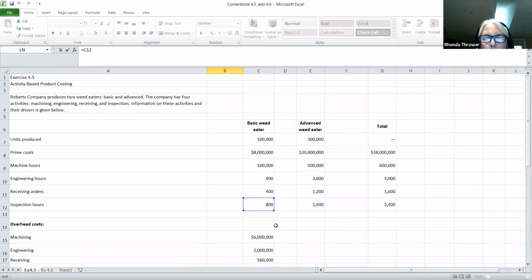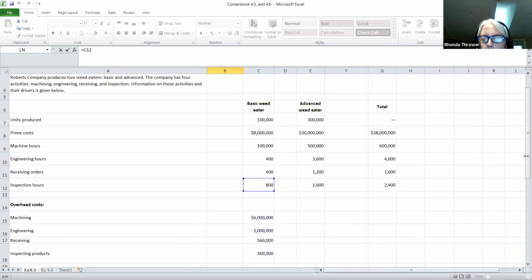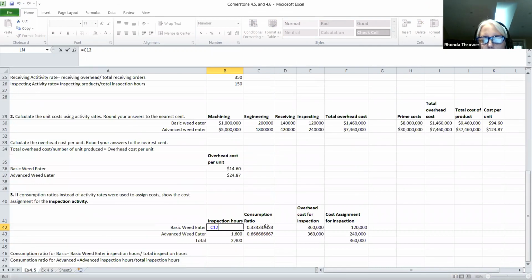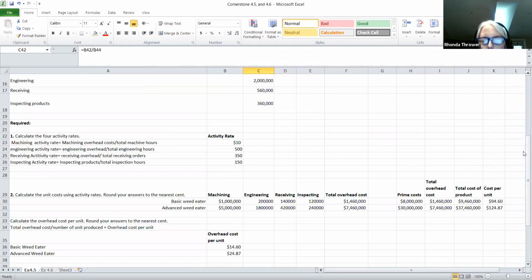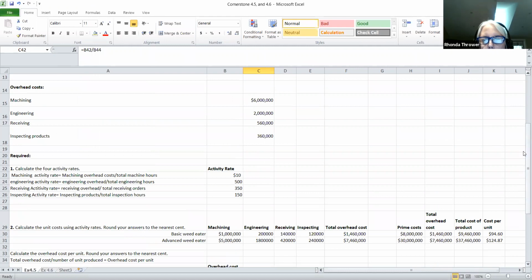And the inspection hours are right here for, remember, we're doing it just for inspection. The basic weed eater had 800 inspection hours. So we're going to take that 800 and divide it by the total inspection hours for both weed eaters. The total hours is 2,400.